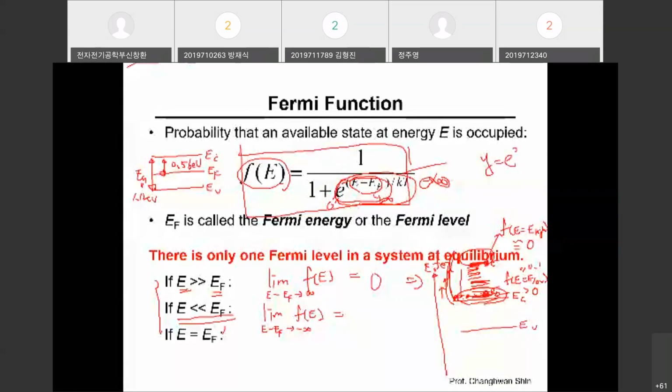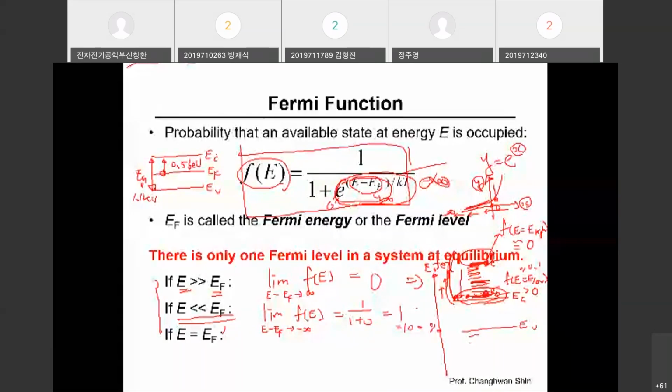Y is exponential x, and if I draw it, x, y is like that. If x is approaching minus infinity, the y value becomes 0. It is asymptotically approaching the 0 value. So here it is 1 over 1 plus 0. So 1. 1 means 100%.